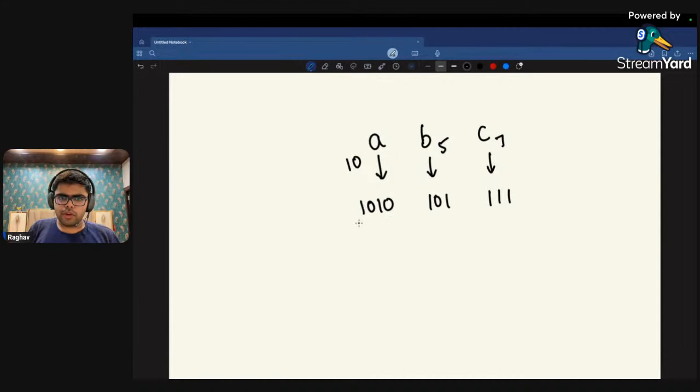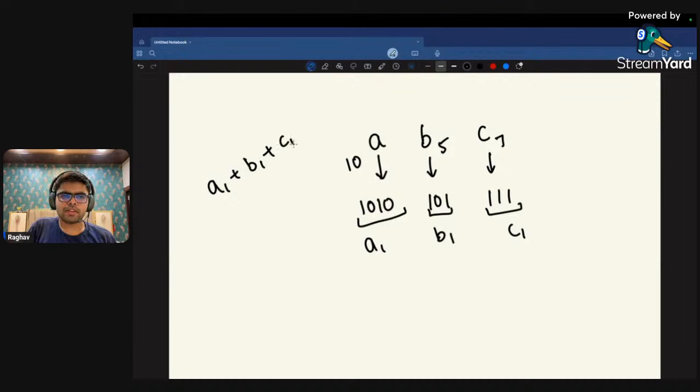Then for all of these three binary representations, we have to combine them in some order. In which orders can we combine them? Let's say if I'm calling these binary representations a1, b1 and c1, then I can combine them either this way: a1 plus b1 plus c1, or a1 plus c1 plus b1, or in any order.